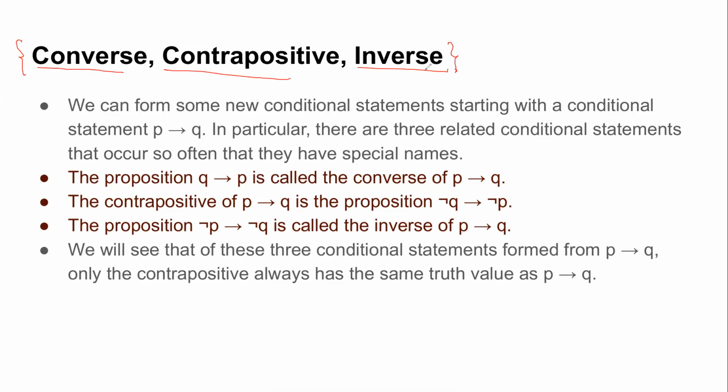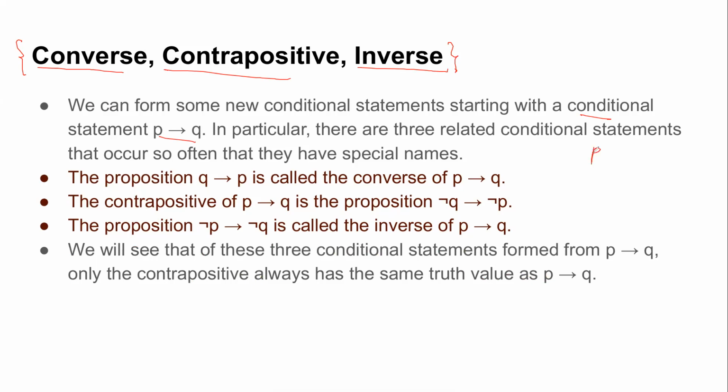Let's try to understand what each one of them means. In general, whenever you use this conditional statement P implies Q, there are various versions that you can form from this implication. The three popular versions are converse, contrapositive, and inverse.